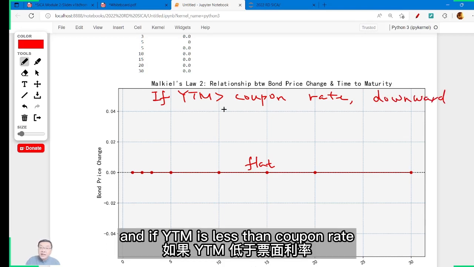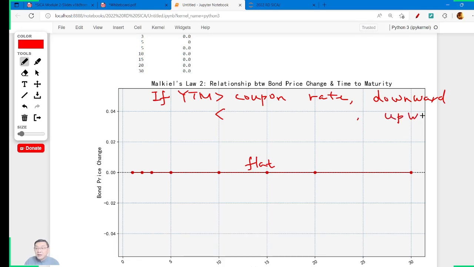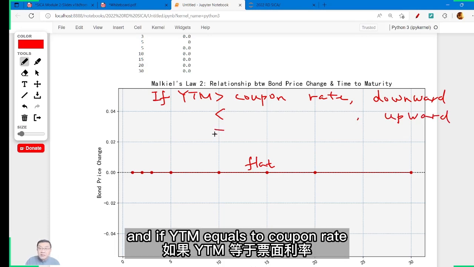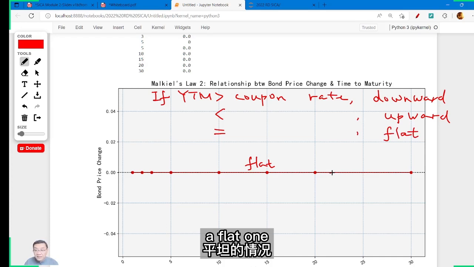If YTM is less than coupon rate, it will be an upward trend. And if YTM equals the coupon rate, it will be a flat situation like this. Are we right? Yeah.